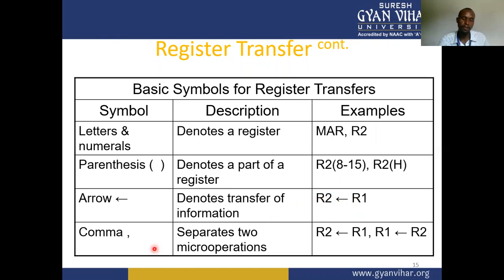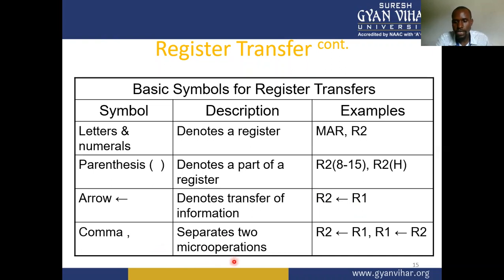Next, we have the comma. The comma separates two microoperations. Whenever we are representing several microoperations all together, we can use a comma. This comma will separate the microoperations that are being performed.